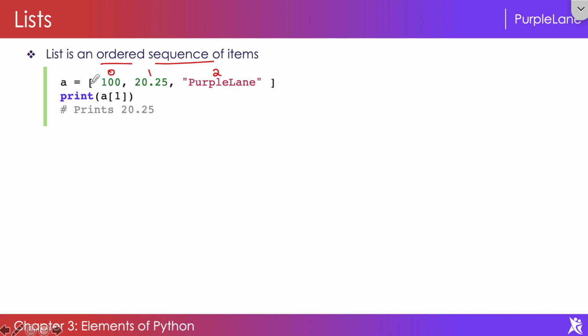Also observe that these elements are bounded by square brackets, and the elements are separated by commas. I'm emphasizing this because we are going to use different types of brackets for different data structures. So for a list we use square brackets and all the elements are separated by commas.